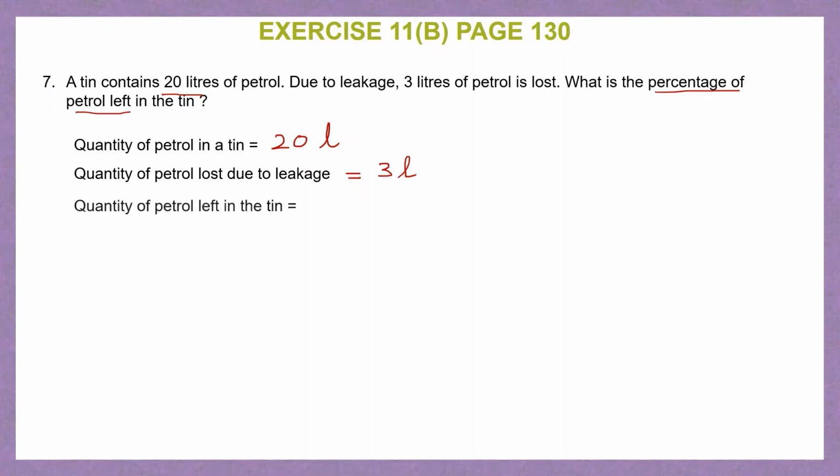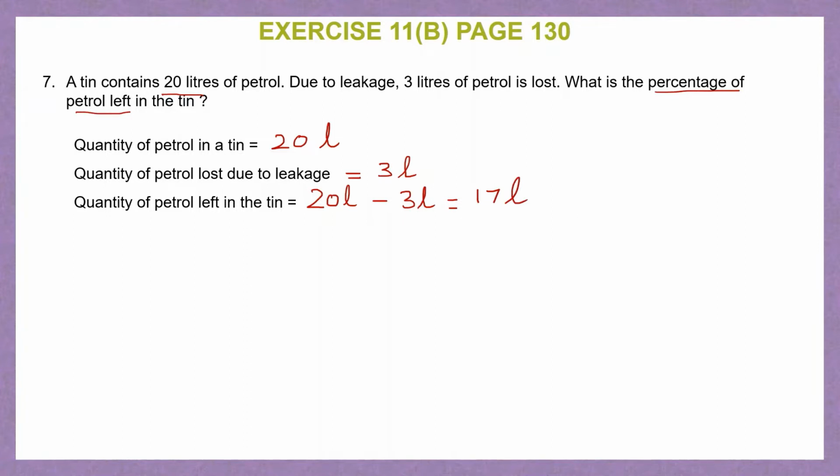How much was there in the beginning? 20 liters. How much was lost because of leakage? 3 liters. If you subtract both, you will find the petrol left in the tin. 20 minus 3 is 17. So 17 liters. Now we know how much petrol is left in the tin.